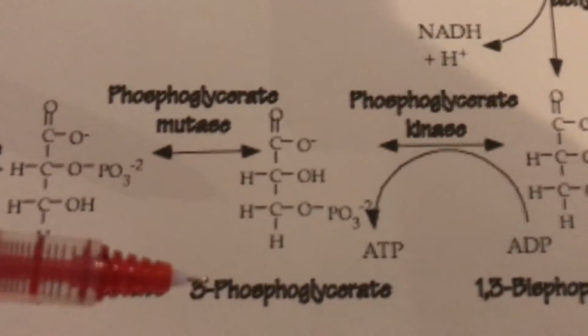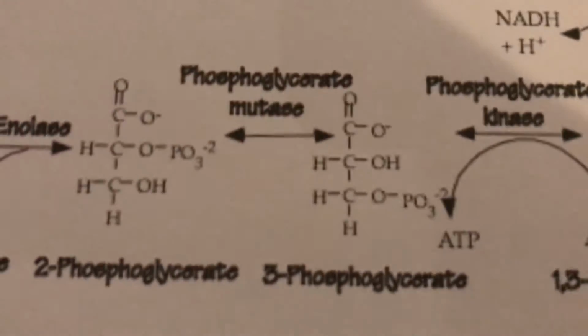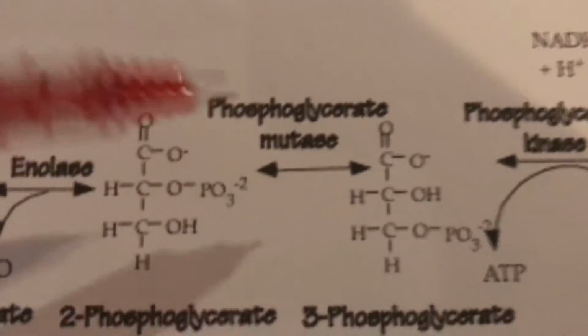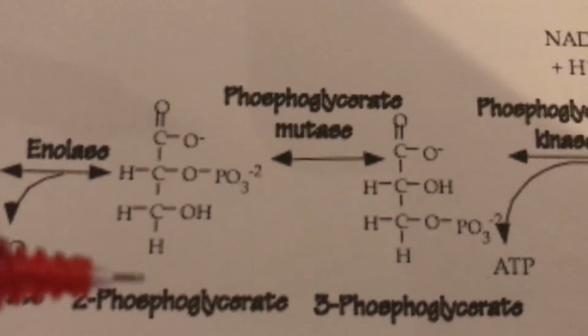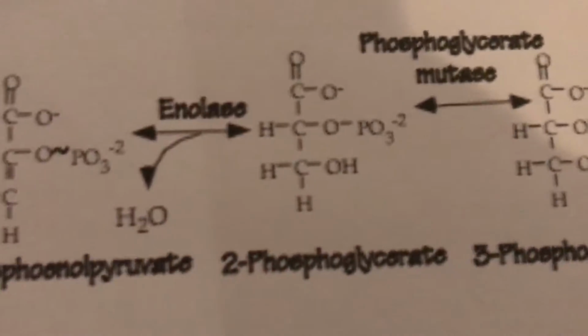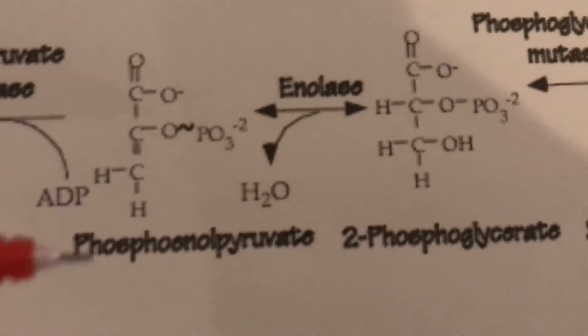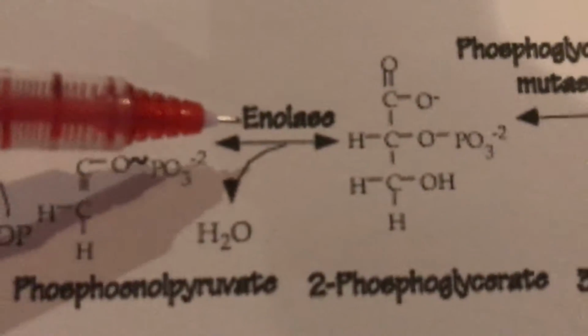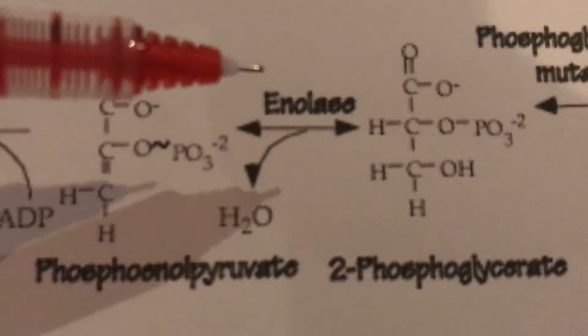And then we have 3-phosphoglycerate being converted into 2-phosphoglycerate via the enzyme phosphoglycerate mutase. Then from 2-phosphoglycerate into phosphoenolpyruvate, it's being catalyzed by the enzyme enolase.